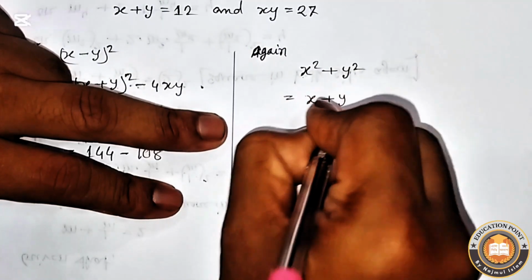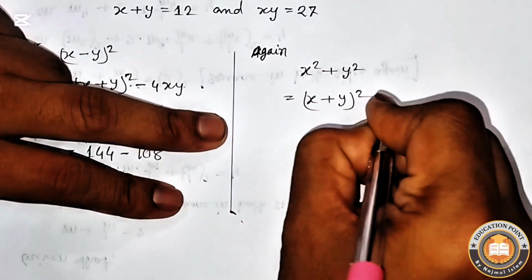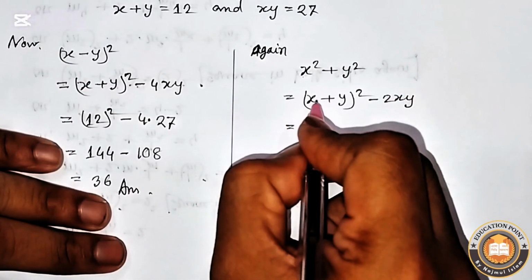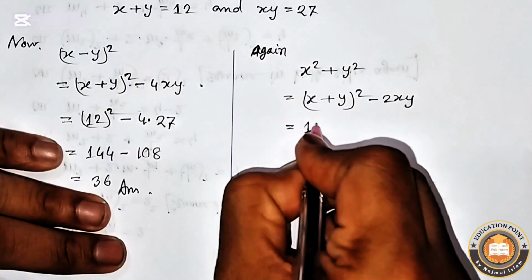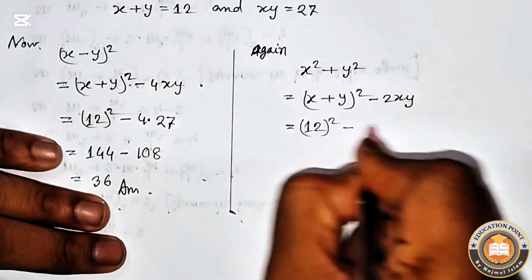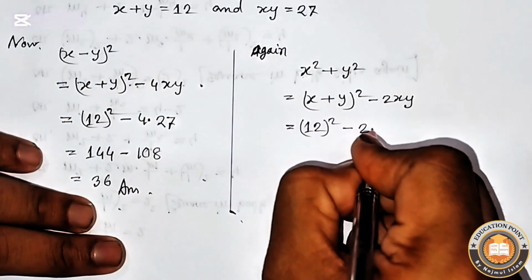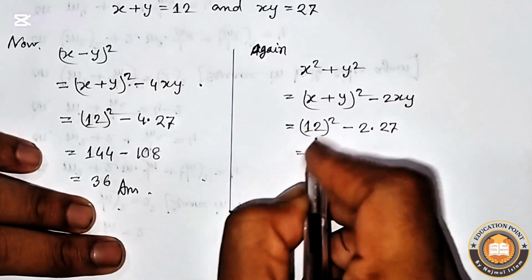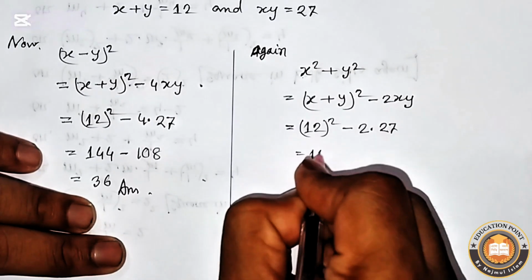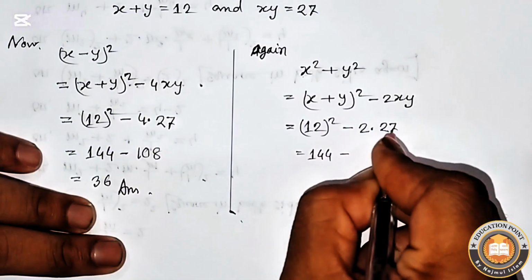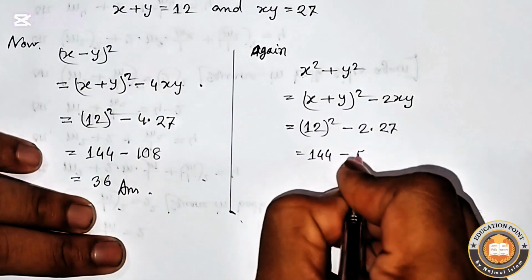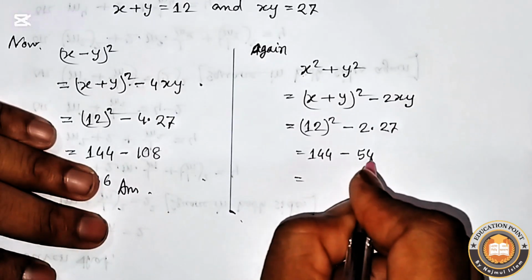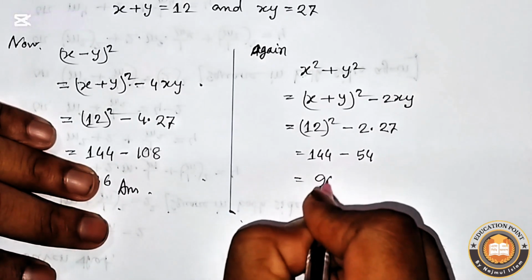Value of x plus y equal 12 whole square minus 2 into value of xy equal 27. Square value of 12 equal 144 minus 27 times 2 is 54. Subtracted value of 144 and 54 equal 90.